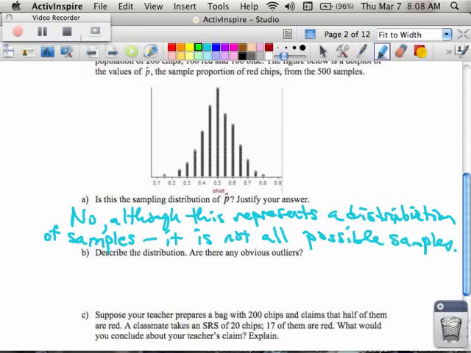And that's why the answer is no. So it's of samples, but not all the samples.